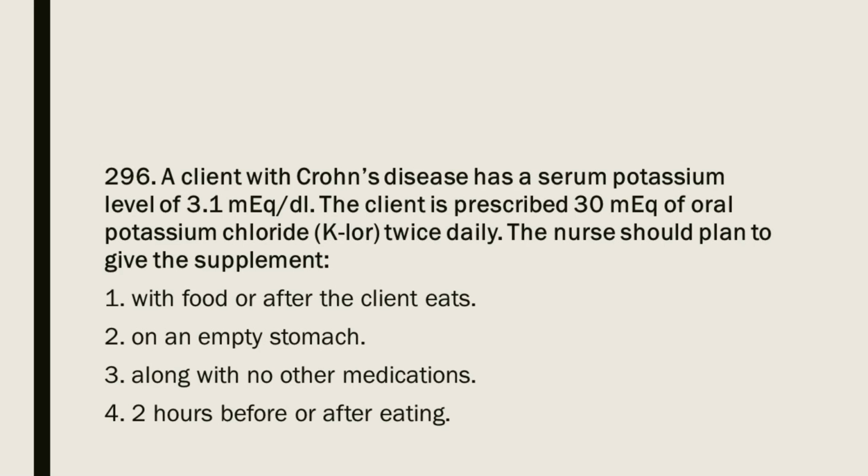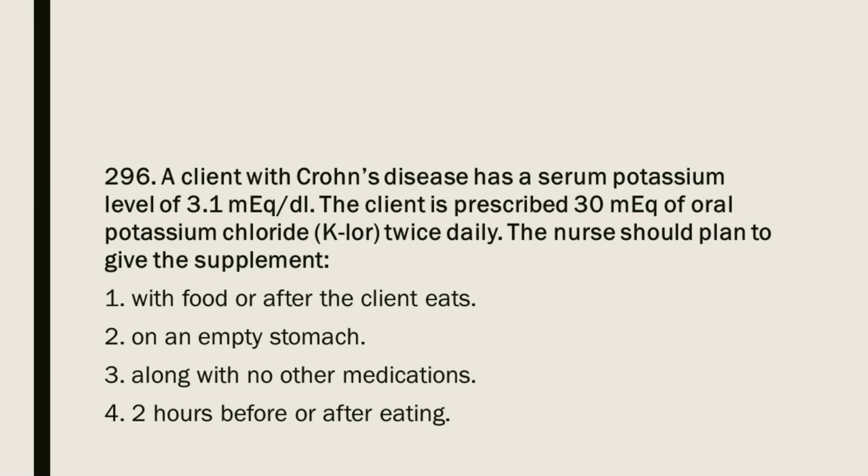296. A client with Crohn's disease has a serum potassium level of 3.1 milliequivalent/dL. The client is prescribed 30 milliequivalents of oral potassium chloride, K-Lor, twice daily. The nurse should plan to give the supplement: 1. With food or after the client eats. 2. On an empty stomach. 3.